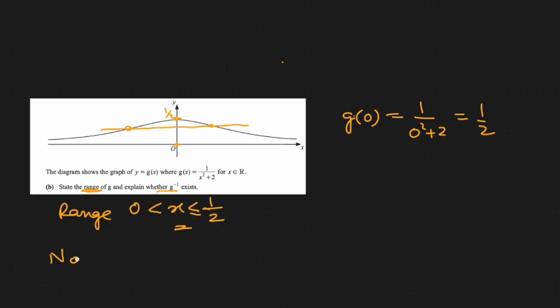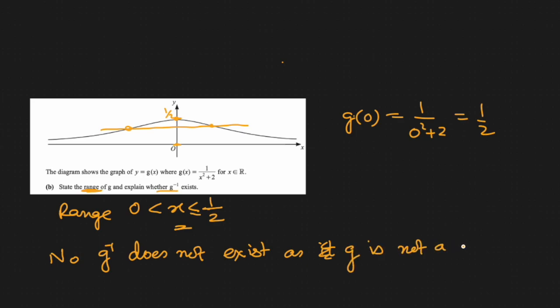So we'll say no, g inverse does not exist, as g is not a 1-to-1 function. Or you can say that the horizontal line test fails in this one, so the inverse of it will have vertical line failure. That's why there is no inverse.